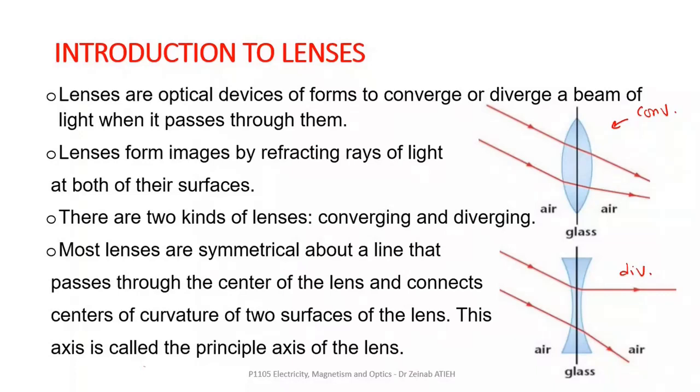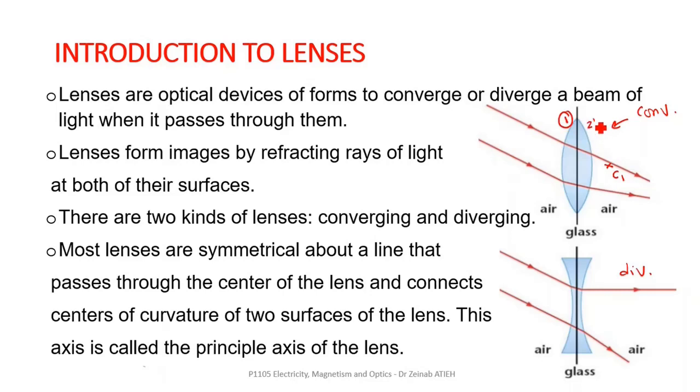So let me explain things in a different way. You remember from diopters, we used to determine the position of the center of the spherical surface. So if I have this surface 1, we can say that C1 is the center of this spherical surface 1.